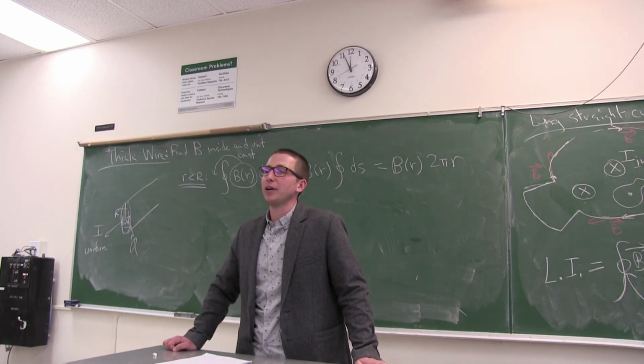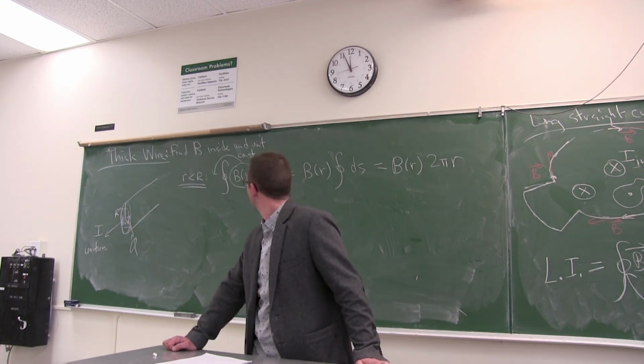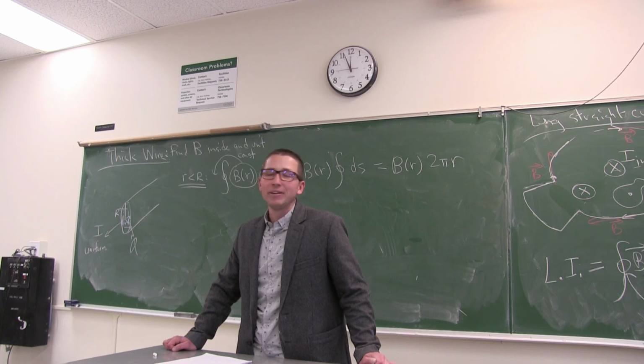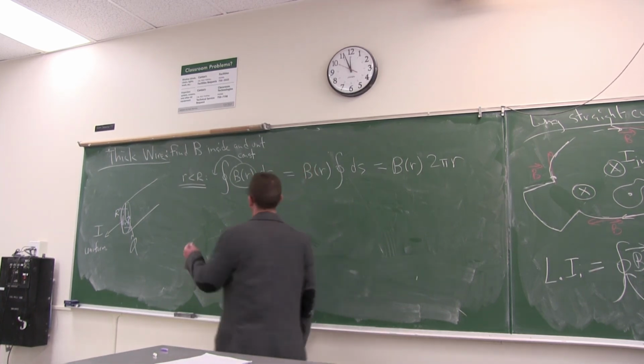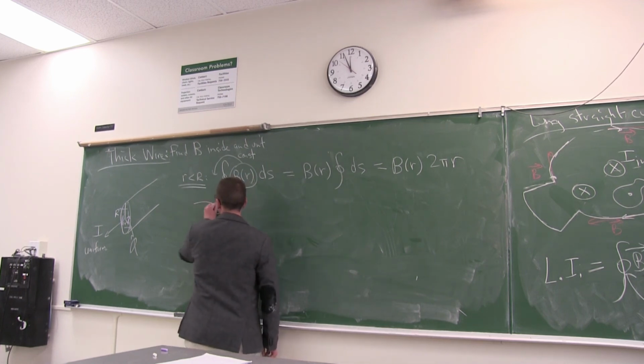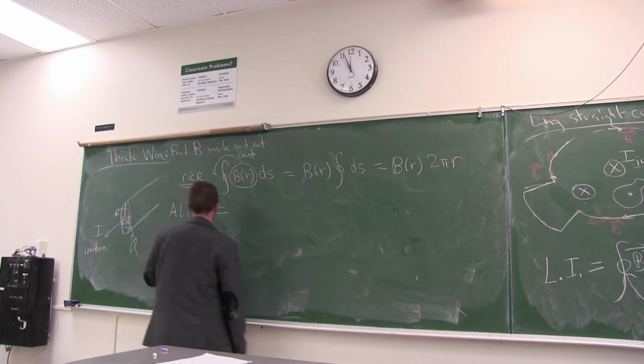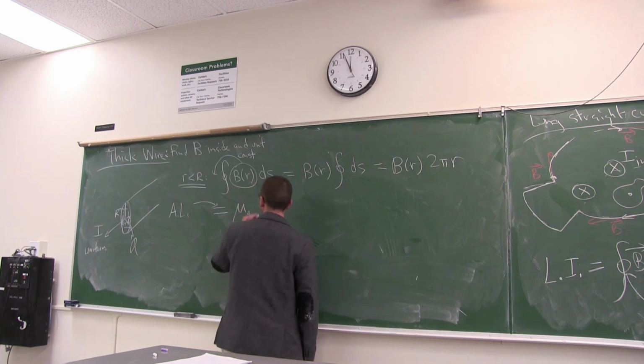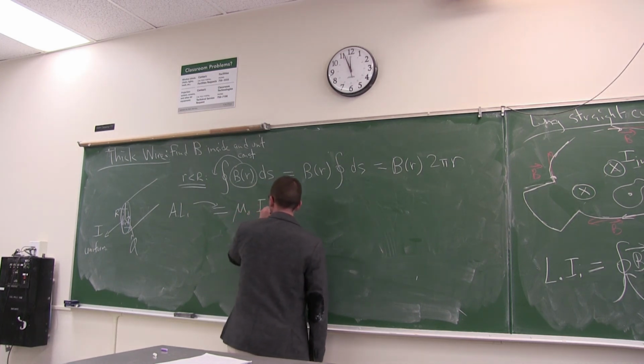So we just did a line integral here. That's all we did. Now I have to set that equal to mu naught I, and that's Ampere's law. So Ampere's law says that this equals mu naught times I enclosed.